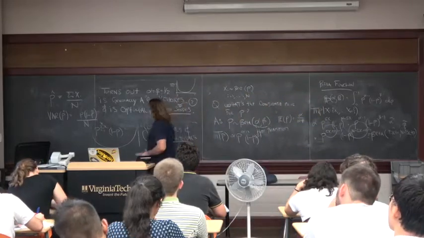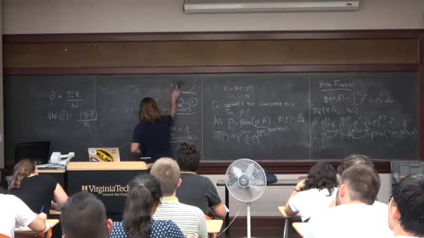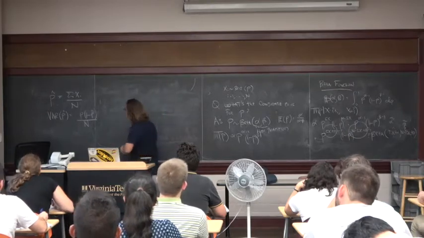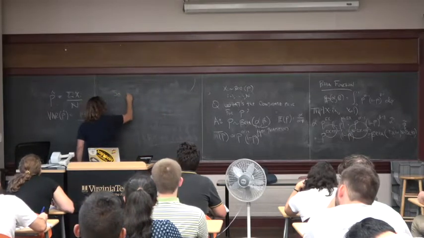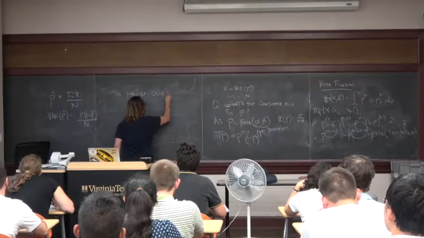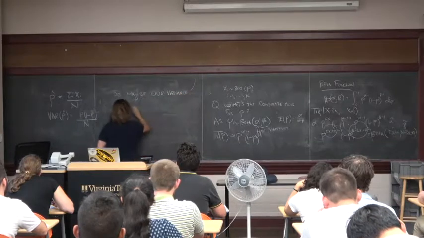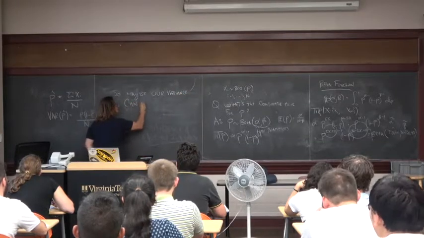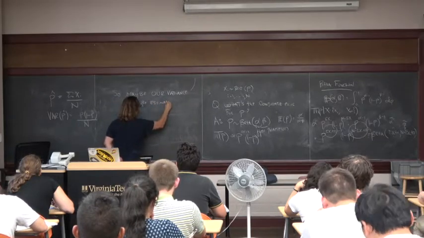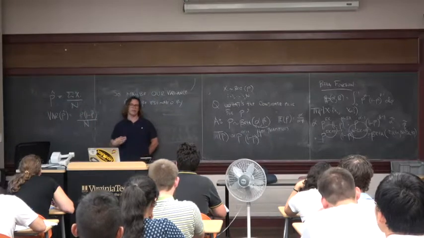If I've got a good estimator for p, then I'm just going to plug it into this equation. So our variance can be estimated by, I can't use this right here because I don't know p.